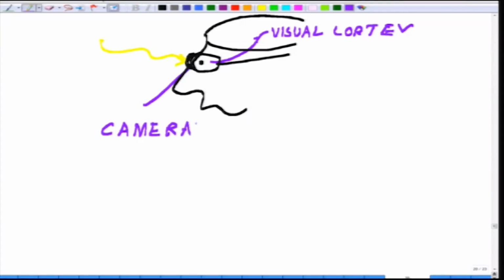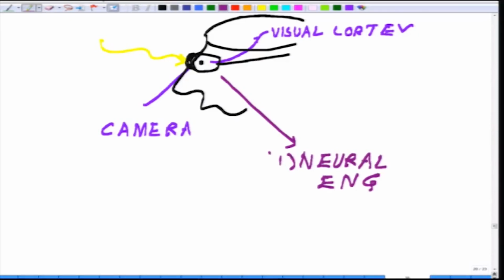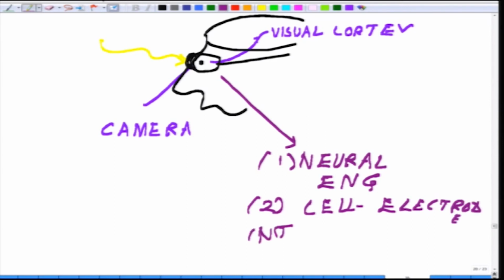But this needs not only, I mean, of course, the camera technology is very well advanced, but the interface technology, which is the whole area of neural engineering, or you can talk in a much more specific way at the cell electrode interface or neuron electrode interface.